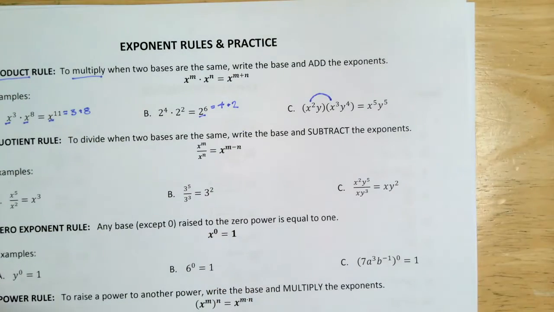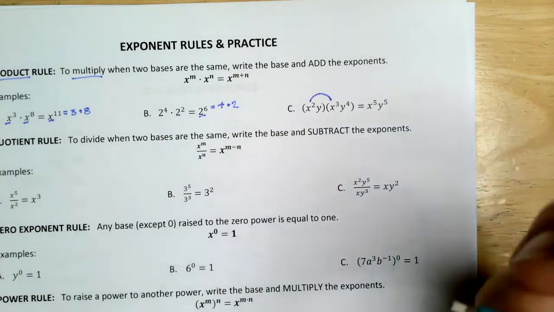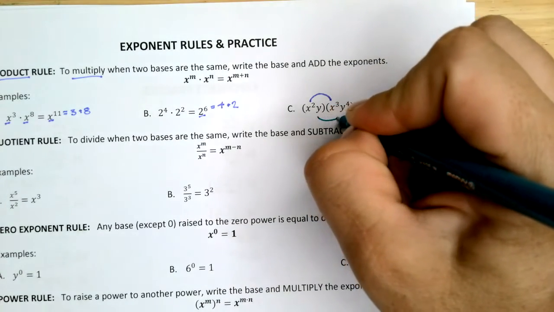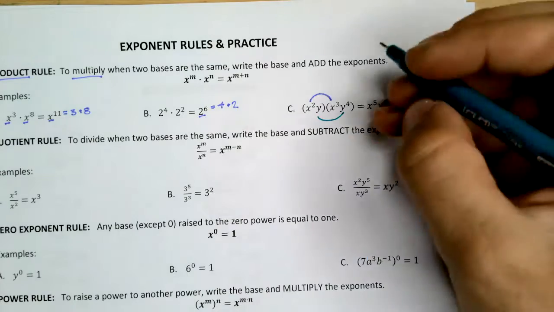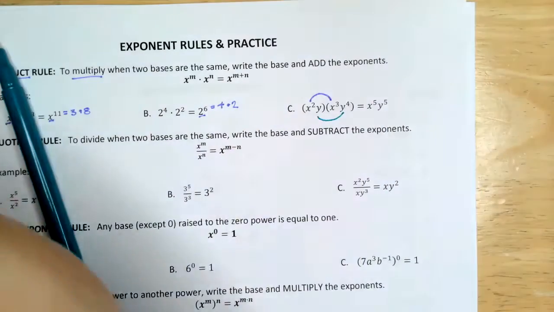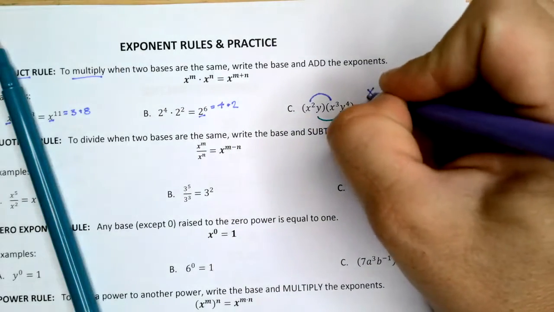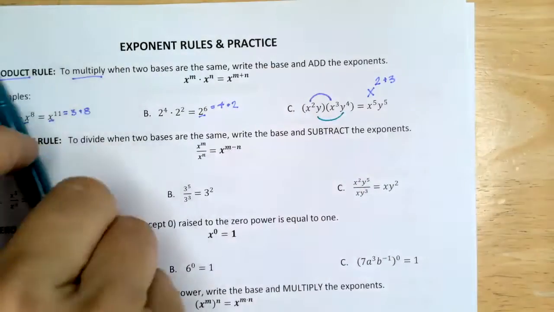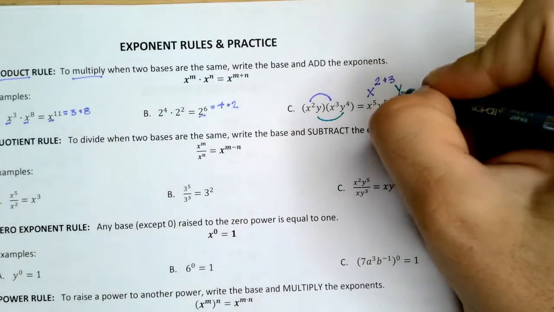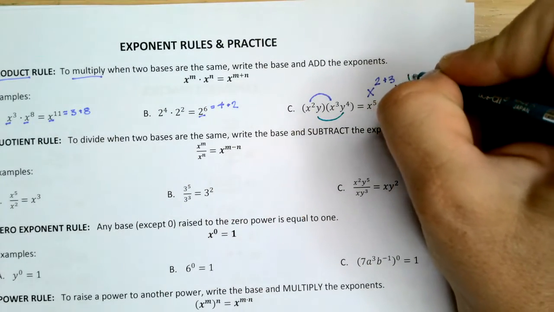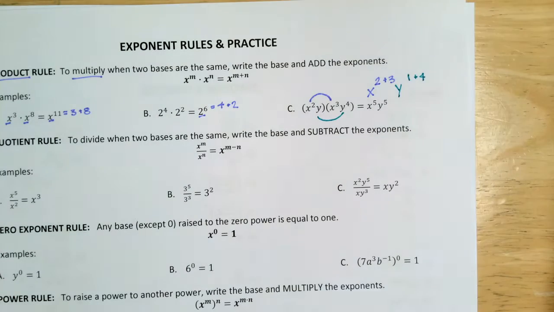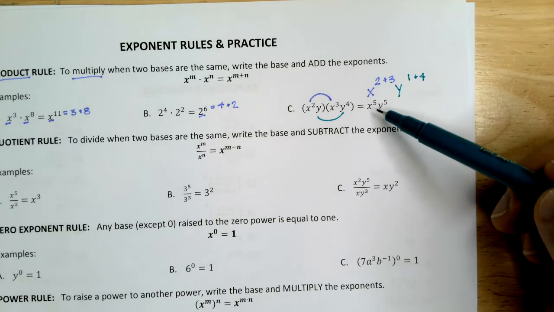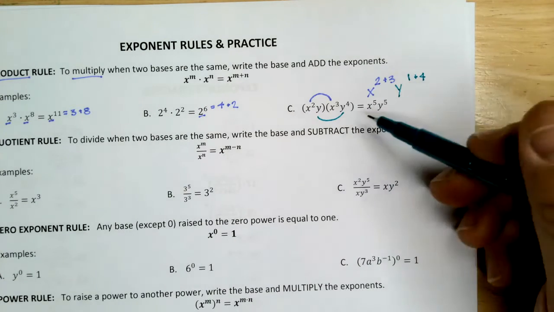So we'll group up x and x, and y and y. Okay, so we'll write the base. The base was x, and then we have 2 plus 3. Here, our base is y, and then we have 1 plus 4, right?